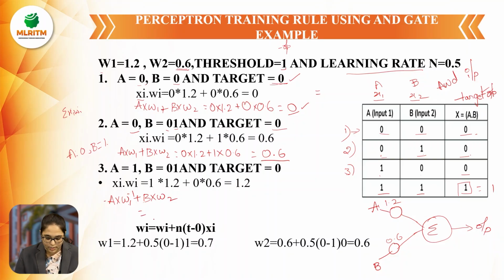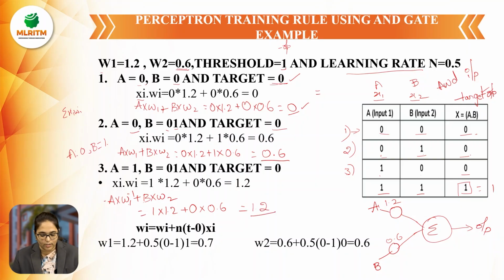Now we'll substitute the values. The a value is 1 into w1 weight, which is 1.2, plus the b value is 0 into the w2 value 0.6. So now the value will be 1.2.